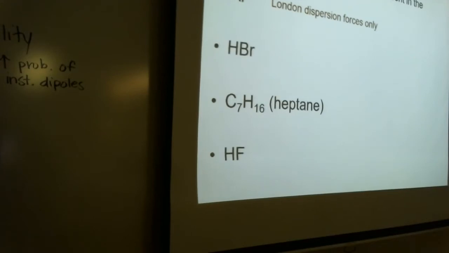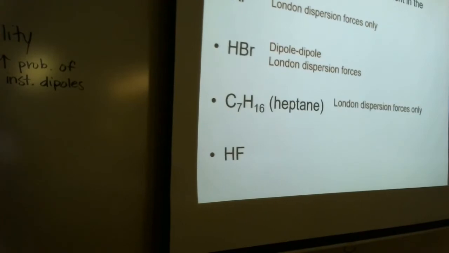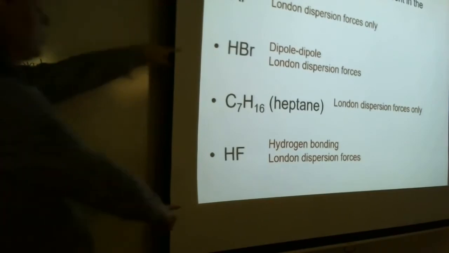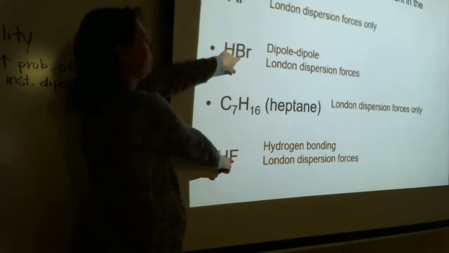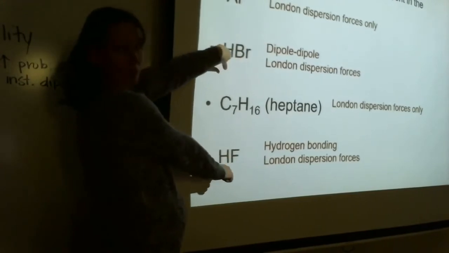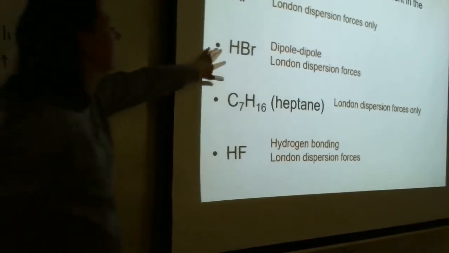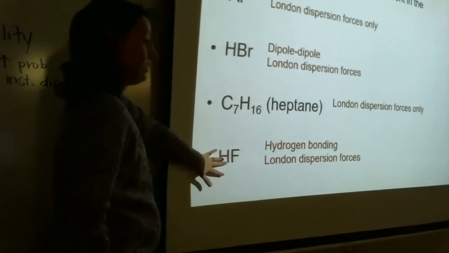Dipole-dipole. Yep, that one's dipole-dipole. And it has London as well. And then this next one would be London only, right? And then this one would be hydrogen bonding and London. You see the difference between these two, right? Bromine's less electronegative than fluorine, but bromine is still more electronegative than hydrogen. So that's why this is a dipole. This is a dipole, but it's an extreme dipole.